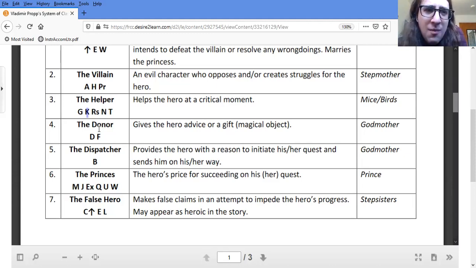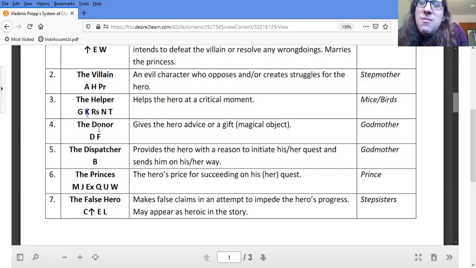A couple more are worth mentioning. They don't appear as often, but they're notable. Sometimes you just have a character whose entire function is to send the hero on their way. And so this character is known as the dispatcher. They dispatch the hero on their journey. In some stories, this is just a king who sends you on a quest or something like that.